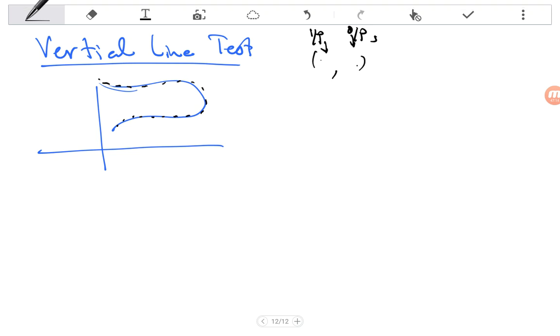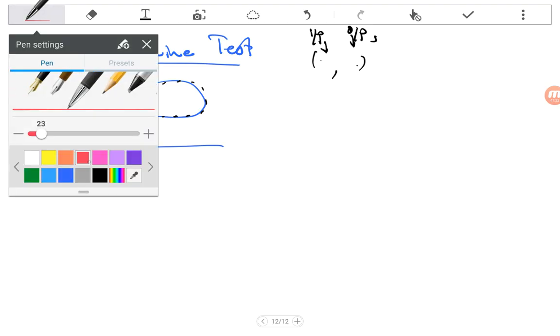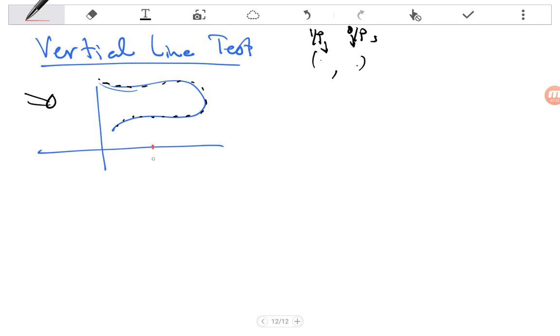That represents a function. Now, can I say that this curve represents a function or not? No. Why? Because for some inputs, I have more than one output. That is an output, and that also is an output. So that is not a function.